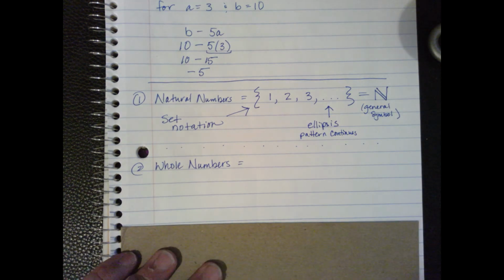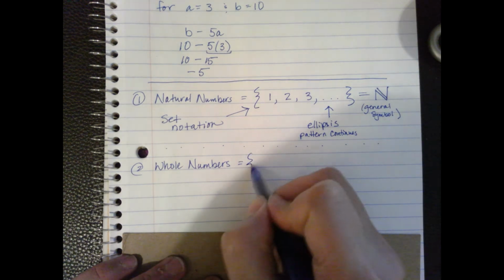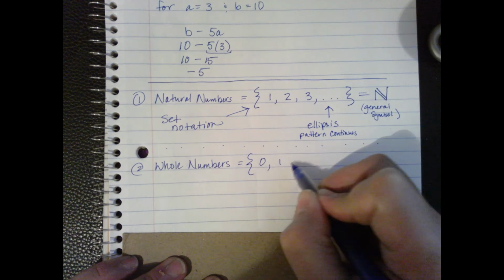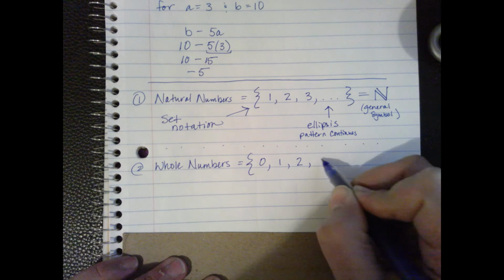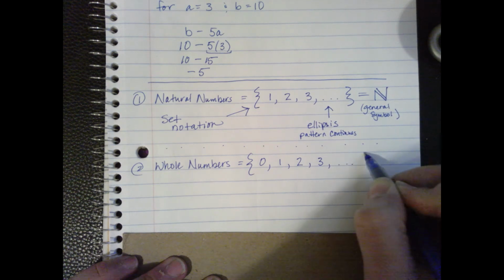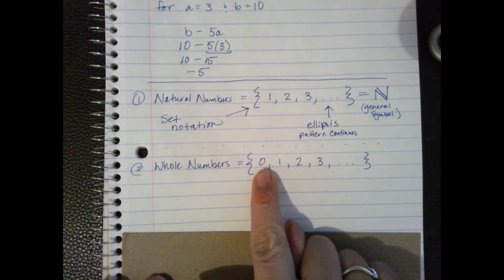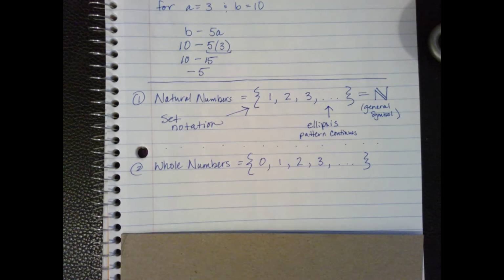So for whole numbers, we start with 0, and then we continue on with the rest of the natural numbers. So the only thing that's different is 0. Okay, so we've added this in. As far as some kind of symbol like this, we don't really have one for the whole numbers. There's some very formal ways of doing it, but that's not necessary for you to know.